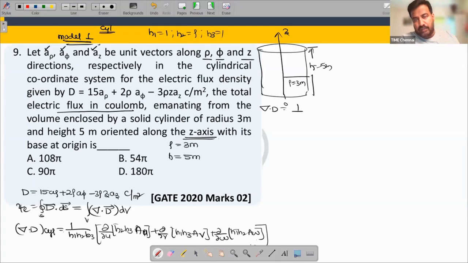Del dot D is 1 by rho, dou by dou rho of rho times A rho, which is 15, remember.